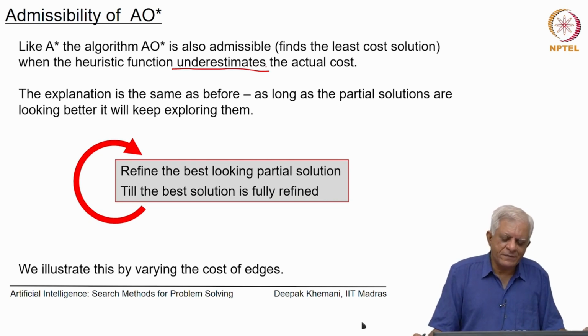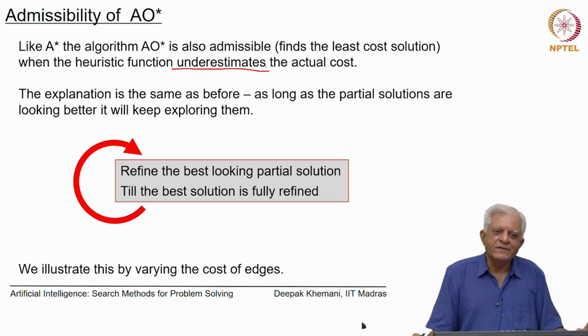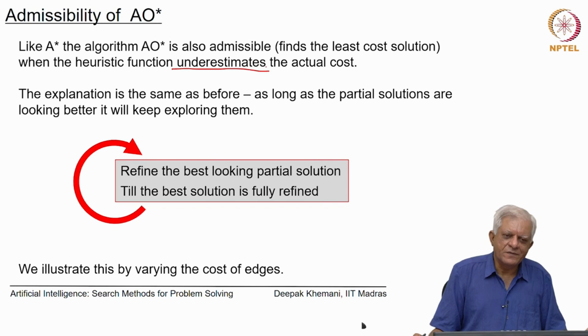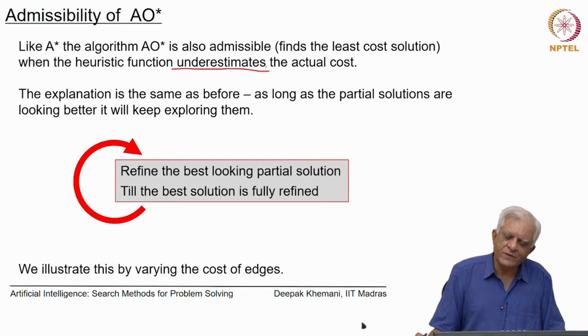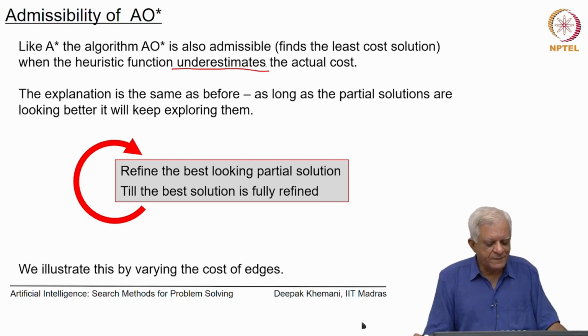In another case we will keep the h cost as high, which would mean that the heuristic function would be underestimating the actual effort required, and we will see how the algorithm performs differently in both the cases. Like we did in the case of, for example, A star, when we looked at W A star and so on, we saw that the more emphasis you give to the heuristic function, the faster it converges, but it may not converge with the optimal solution, and that is the point we want to illustrate with AO star as well.